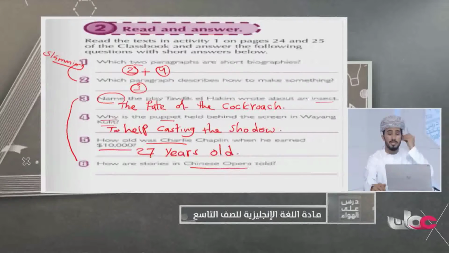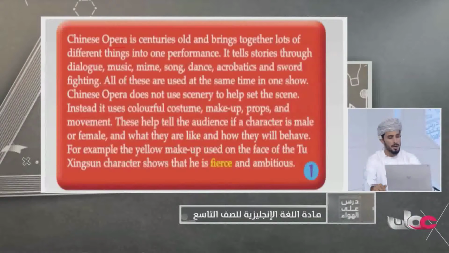And the last question for today's lesson: how are stories in Chinese opera told? Directly we will go to the Chinese opera. Chinese opera is centuries old and brings together lots of different things into one performance. It tells stories through dialogues, music, mime, song, dance, acrobatics, and sword fighting.